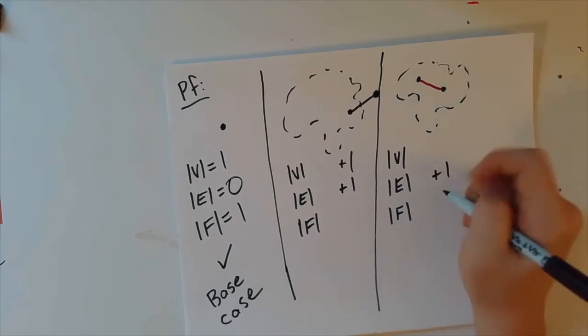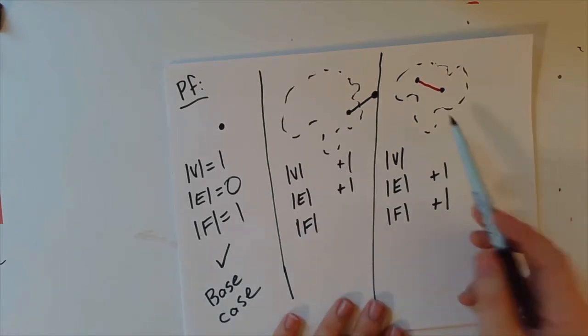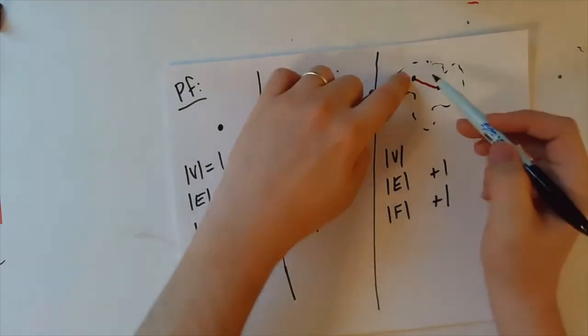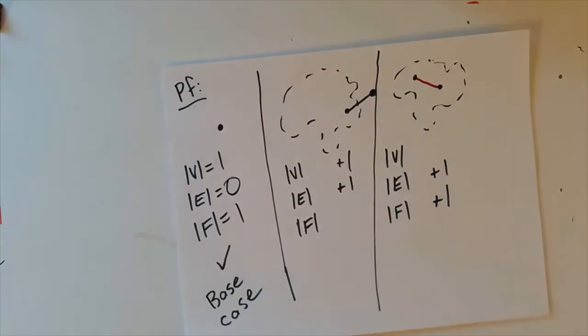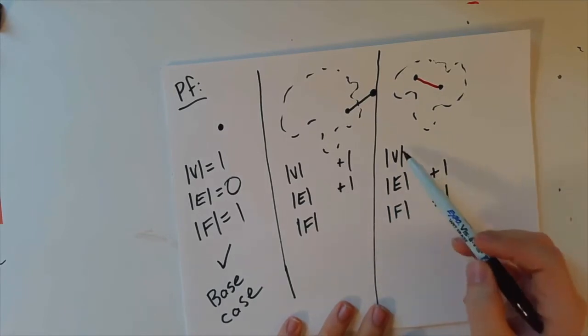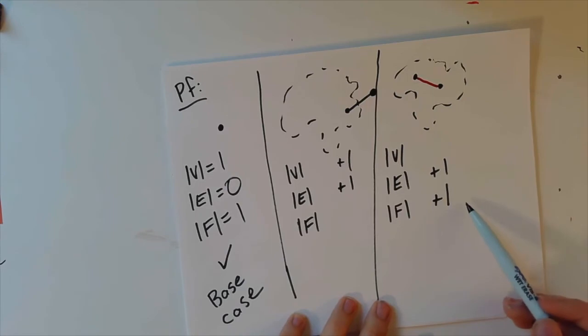So it increased the number of faces by 1. Of necessity, I now have this edge running across a face, and when that edge runs across the face, it separates the face into two faces. And so, like before, the number of vertices minus the number of edges plus the number of faces is still unchanged.